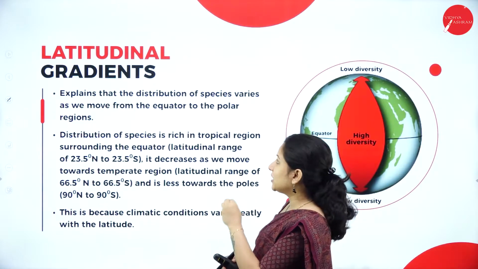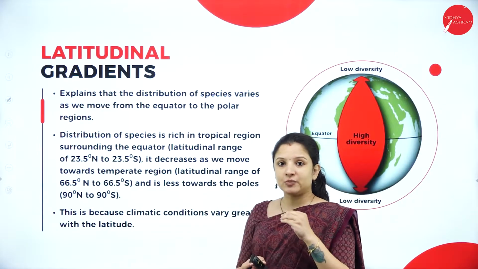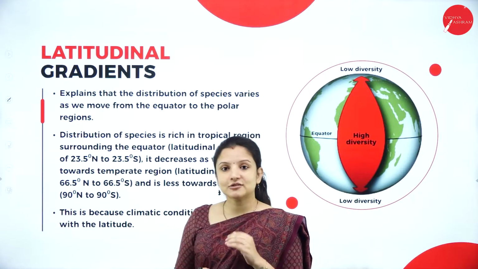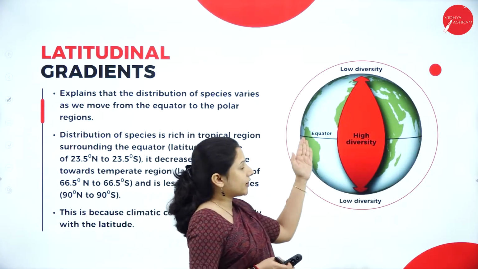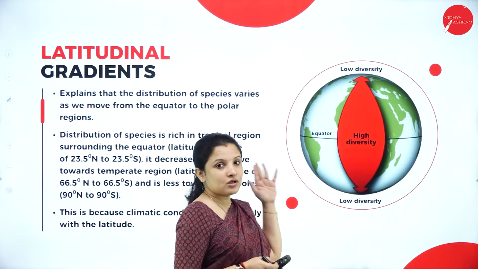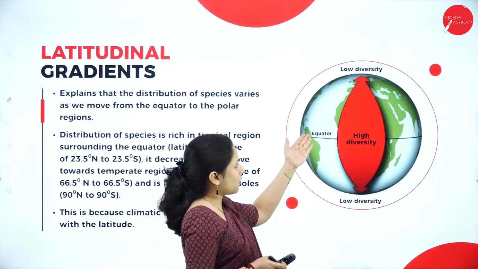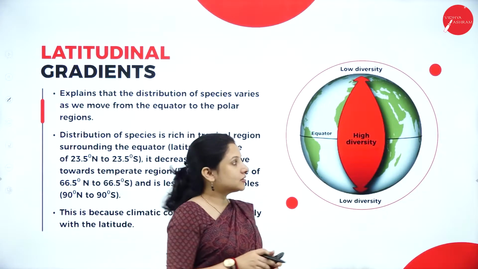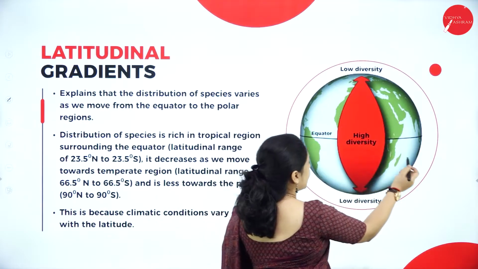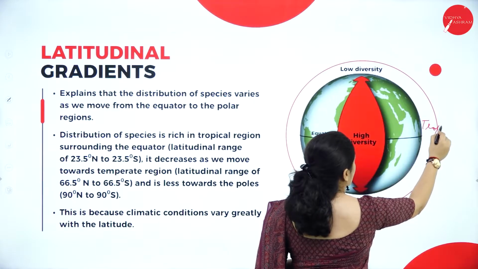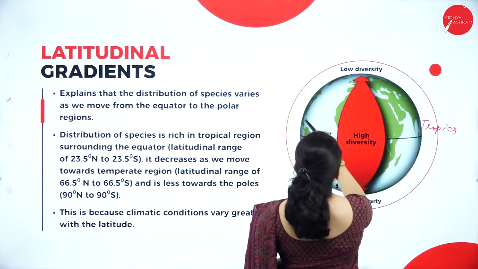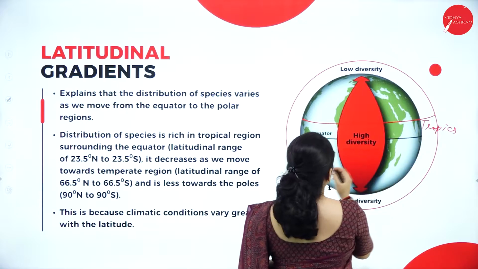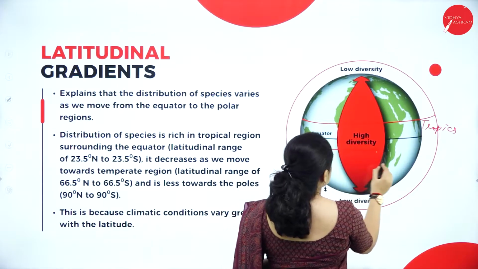So similarly here, latitudinal gradations means we know that the earth is divided into the latitudes such as the equator, the tropics. So we have the equator exactly at the center, then comes the tropics towards the north as well as towards the south.